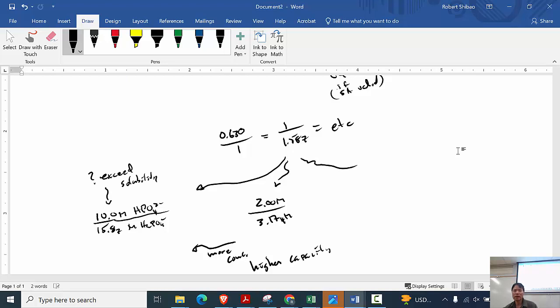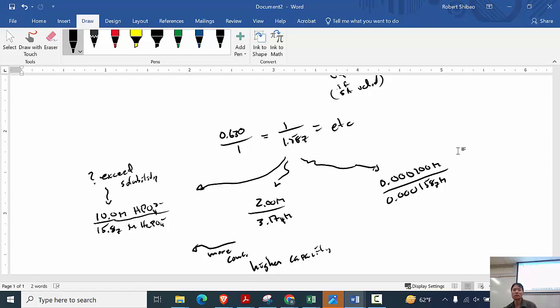But you might say, okay, let's try to save money. Maybe we'll dilute this by 1,000 times, or maybe 10,000 times. We're going to save a lot of money this way. So if we go 0.00100 molar for the base, and then 0.00157 molar for the acid, we could save a lot of money, right?